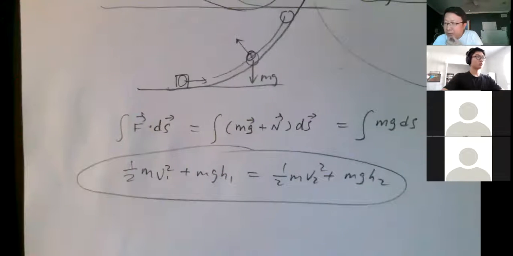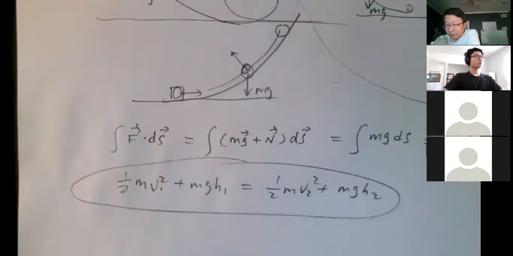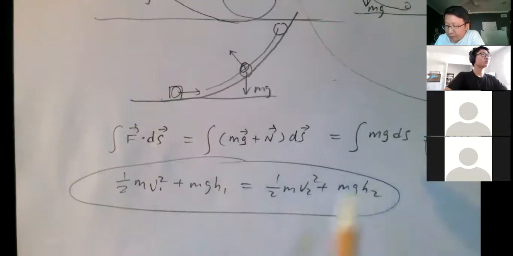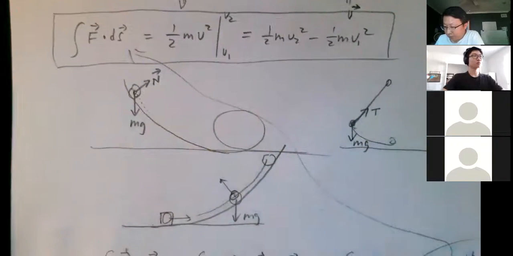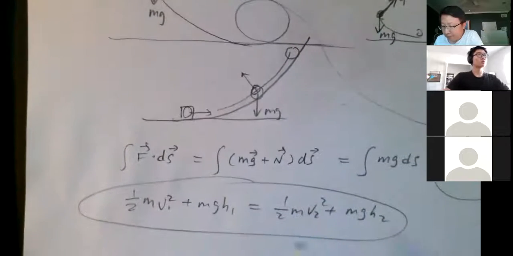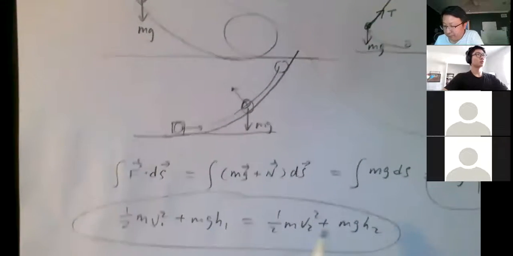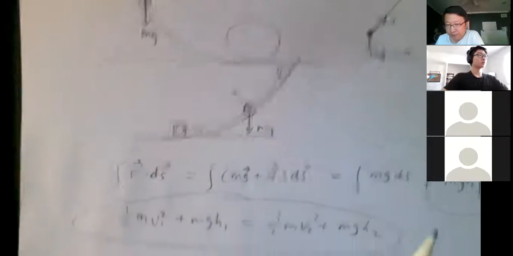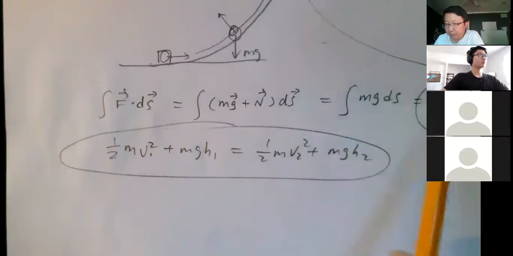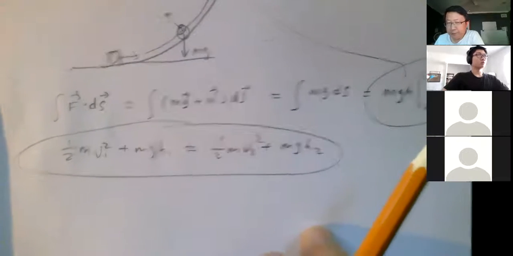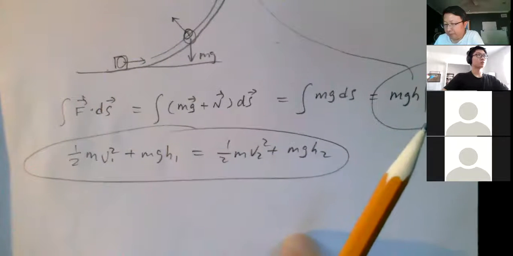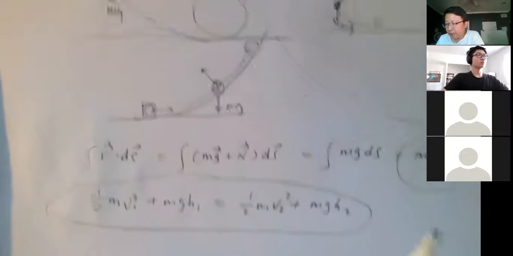That's widely used when you study Newtonian physics, this energy conservation, kinetic energy plus potential energy, to solve this kind of problem. Okay, where is it coming from? It's just because of this. Cool? Nothing else. Any questions so far?